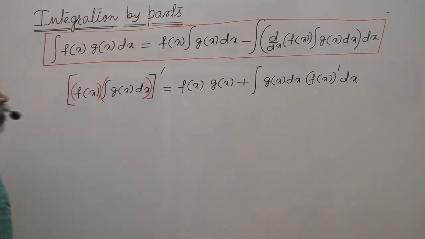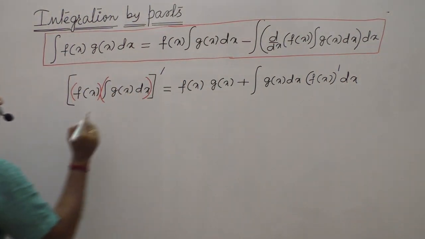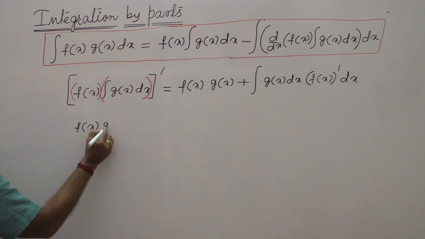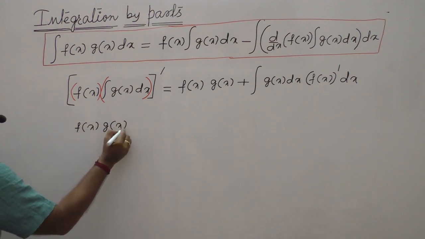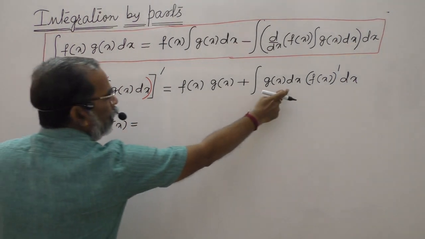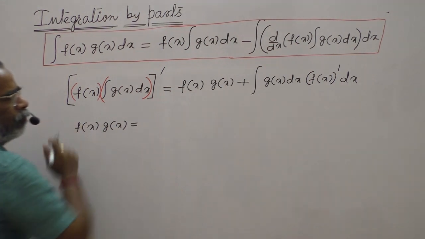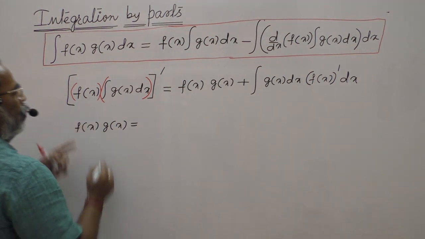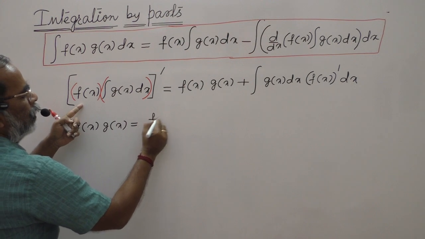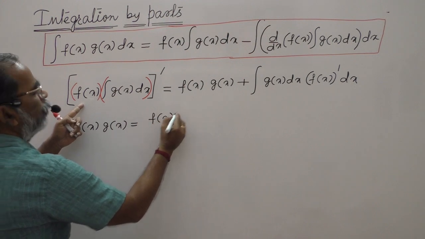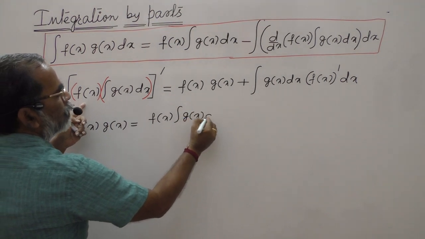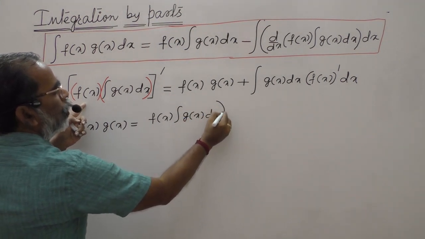Now I will arrange this as f of x into g of x is equal to, I wrote this. I will be writing this on the left side. So what is there already on the left side? On the left side we have f of x into integral g of x dx whole dash.